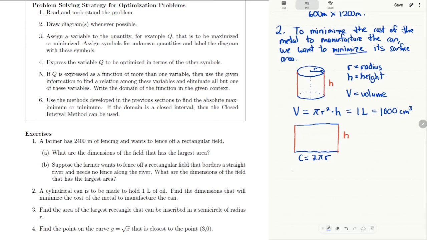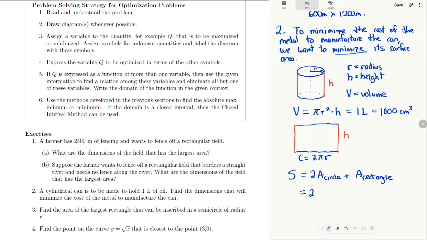So now we can write down the surface area of the can. So let's let S be its surface area. And it will be equal to 2 times the area of the circle plus the area of the rectangle. So the area of the circle is going to be pi r squared.